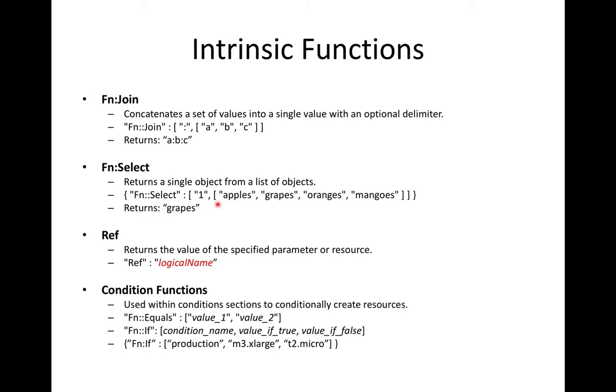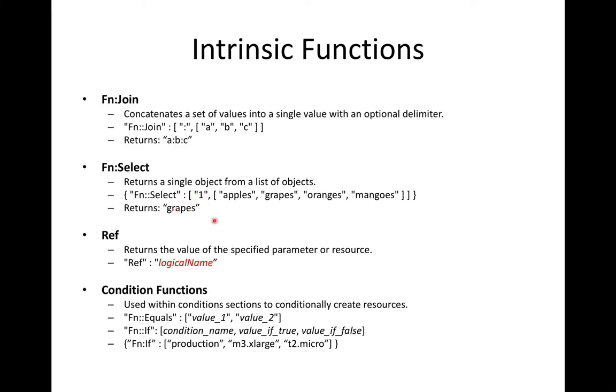In this case, we want to select value 1 from this list, apples, grapes, oranges, and mangoes. And this returns grapes. The first value is 0. So this is position 0, 1, 2, and 3. So this is like grabbing a position from a list.